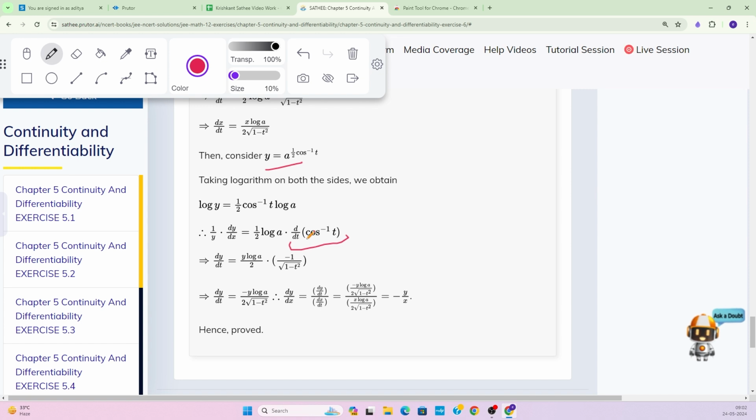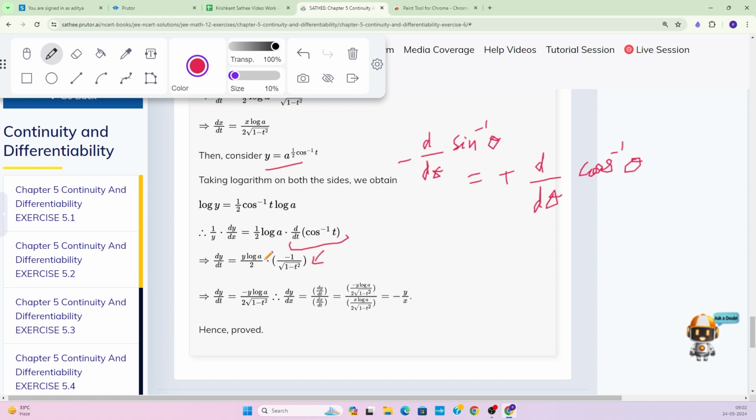Sine inverse theta is the same as minus of d by d theta of cos inverse theta, both are the same if you just put a minus either here or here. Okay, clear? So now this will be minus of 1 by root 1 minus t square.